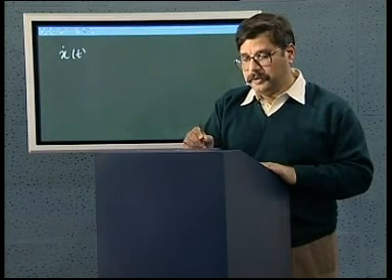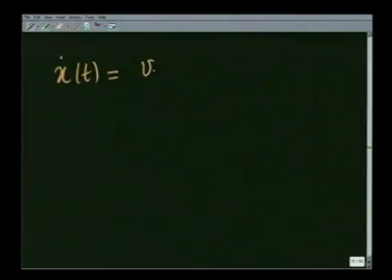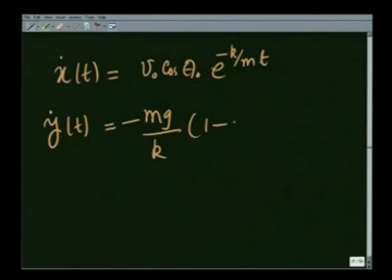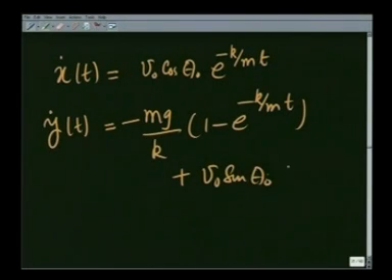we have already obtained. x dot t is v 0 cosine of theta 0 e raised to minus k over m t, and we have just found that y dot t is equal to minus mg over k times 1 minus e raised to minus k over m t plus v 0 sin theta 0 e raised to minus k over m t.